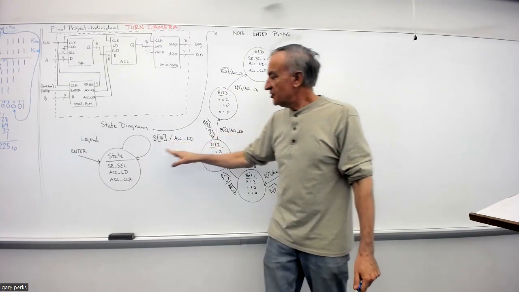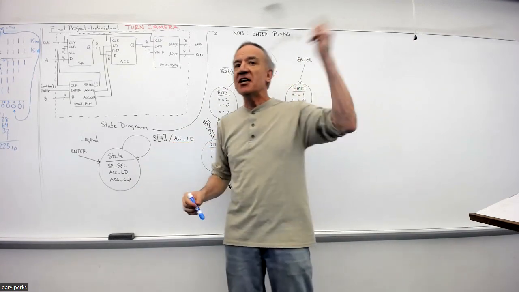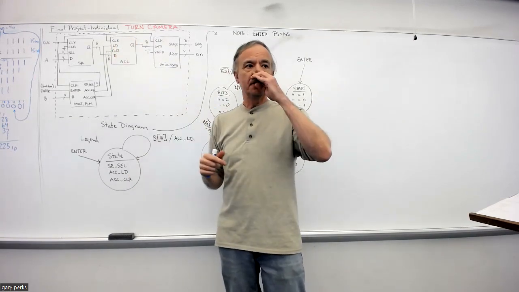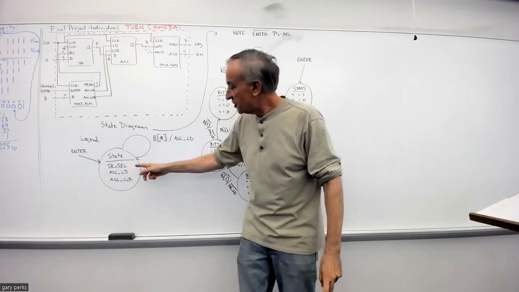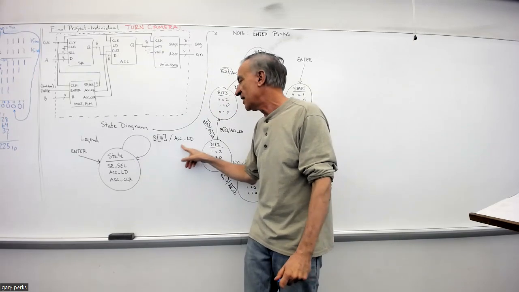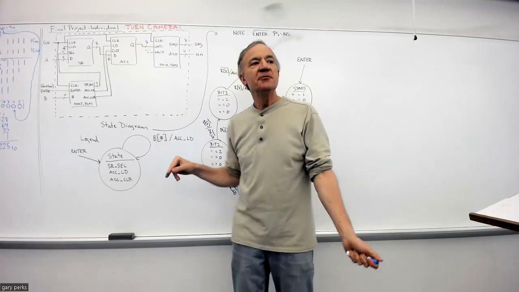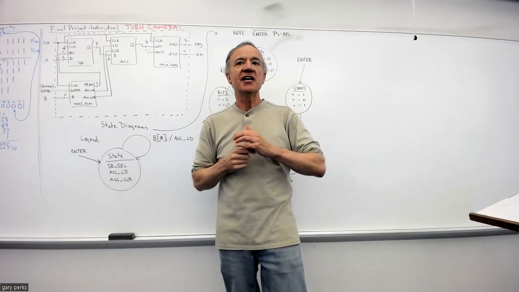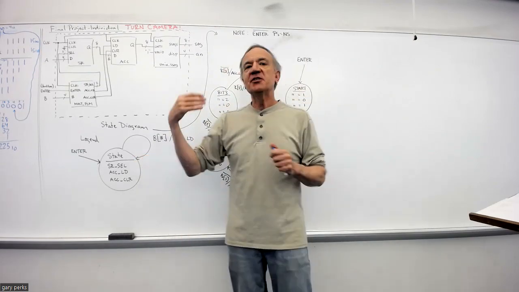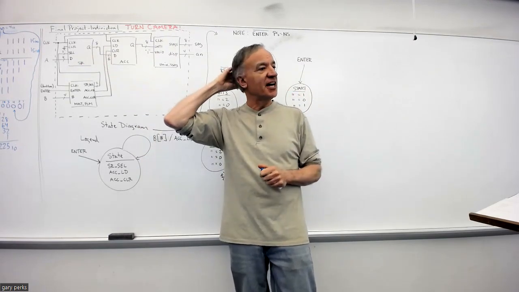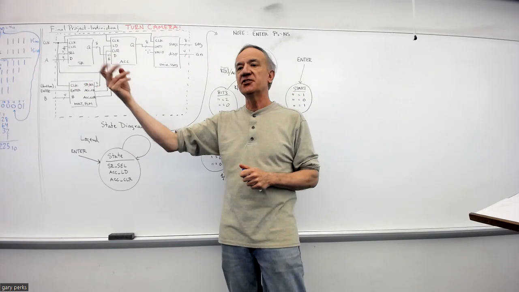Okay, so you see, you can have state diagrams where sometimes an output is a Mealy and sometimes it's a Moore. And you can have multiple Moore outputs. You can have multiple Mealy. Now we don't have multiple here, but you could have a design where you have more than one Mealy. So this state diagram is a little bit more sophisticated than what you had to do for some of the exercises, and also like your sequence detector.